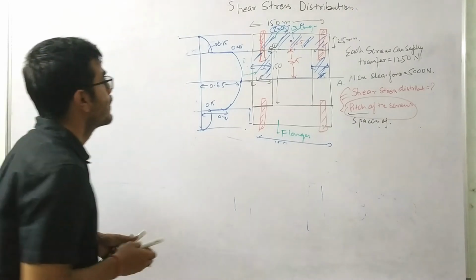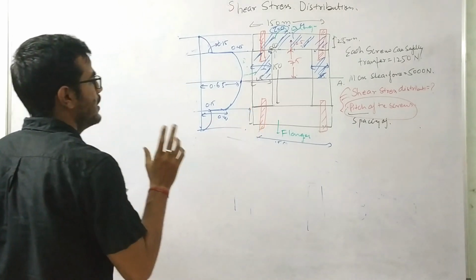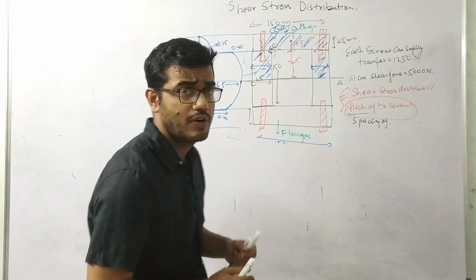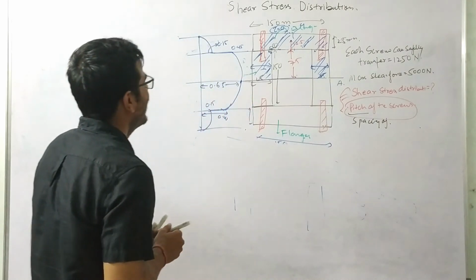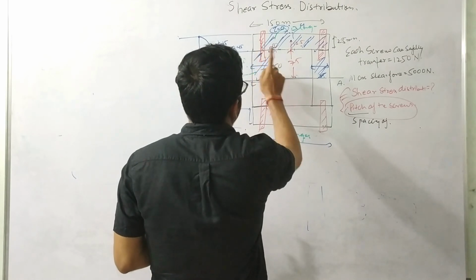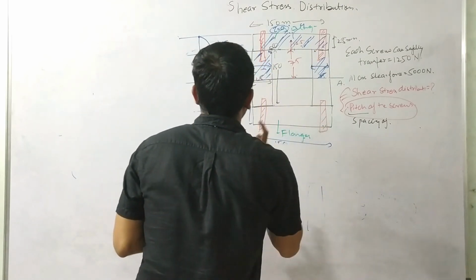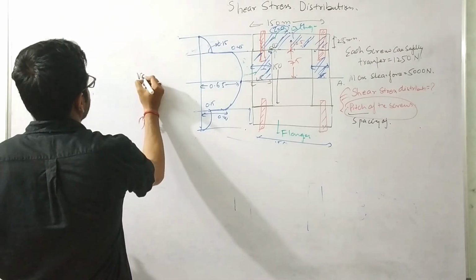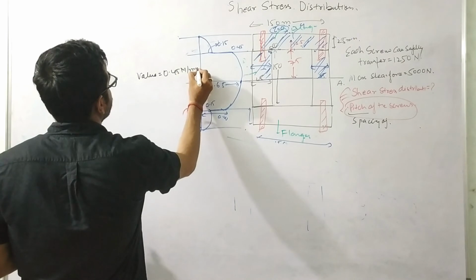What happens is that each screw can safely transfer 150 Newton force. The maximum shear stress is coming at this junction only, and the value of which is 0.45 Newton per mm square.